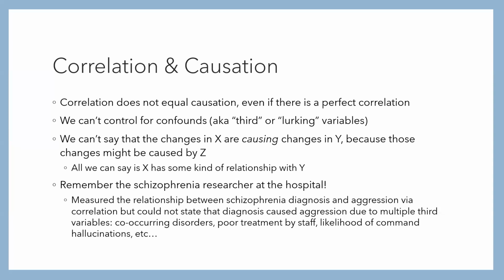If you are using a quasi-experimental design where you manipulate your independent variable, but one of your groups is special for some reason, they had to have a certain diagnosis or something, then you absolutely cannot speak to causation again, because that difference could be that third variable that makes one of your groups special. So does this make sense?